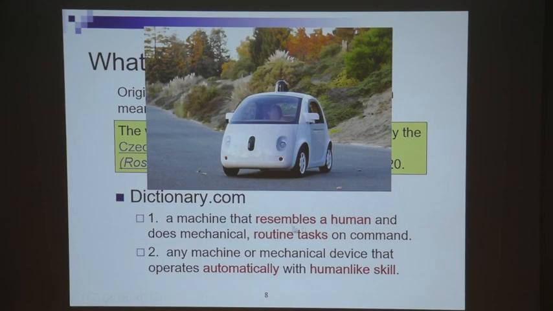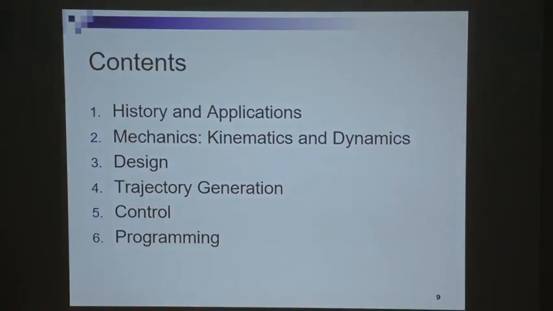It does not resemble a human. So we definitely need a more professional definition of the word robotics. So this is what we are going to go through in the topics of introduction to robotics. I'll be going through the history and applications, the mechanics, the design, the trajectory generation, control, as well as the programming.